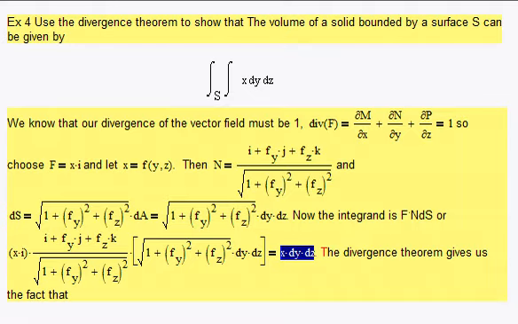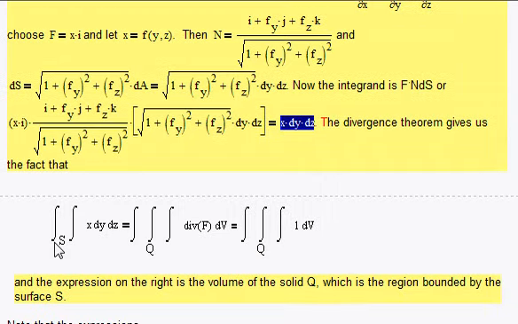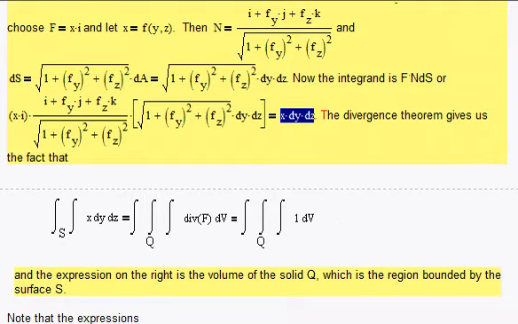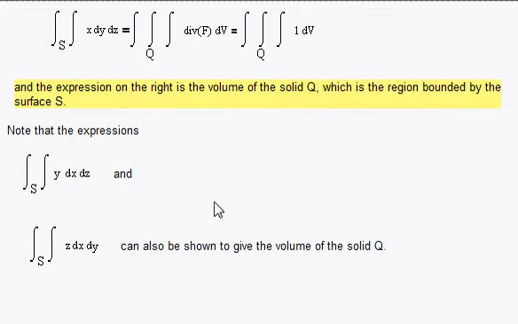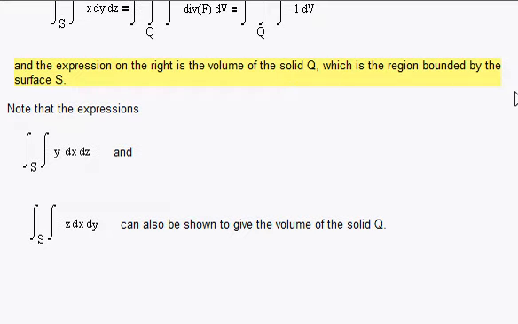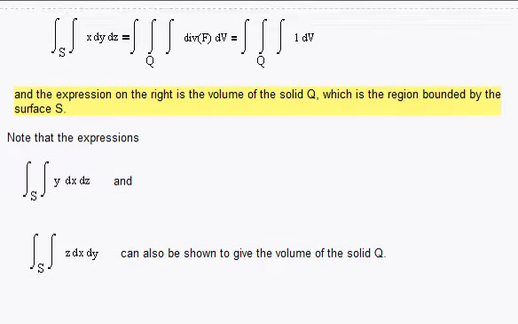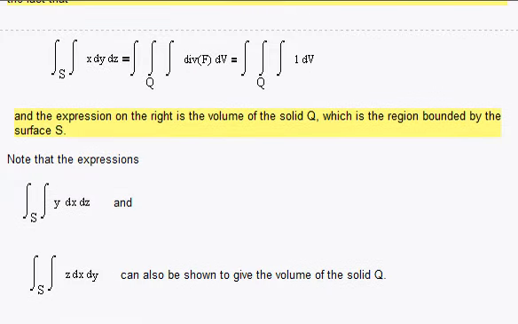The divergence theorem gives us the fact that this integral that we're just examining is the same as the divergence over the solid Q, which is the same as really the volume of that solid. So these two expressions can also be used to do the same thing, but they'll give us the volume of the solid Q. Much like, think back to line integrals in Green's theorem.